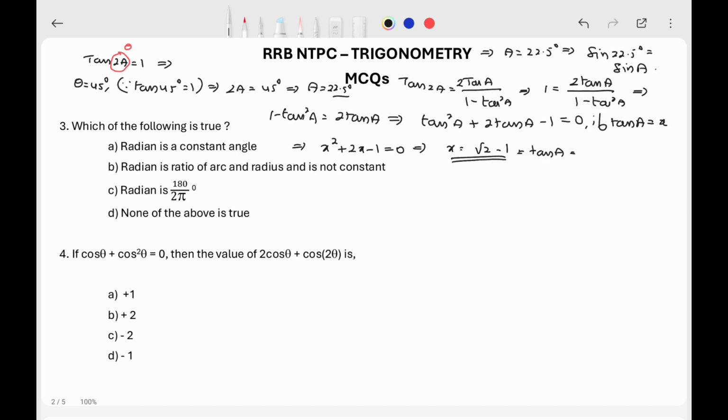That is equal to sin a by cos a. Now what is cos a? Sin a by cos a is equal to sin a by square root of 1 minus sin square a, which is equal to root 2 minus 1.